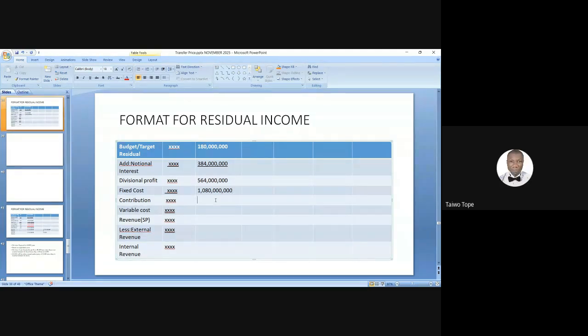And the contribution will be 1,644,000. And do we have variable costs in the question? Yes, sir. Per unit, right? Per tire, right? Yes, sir.